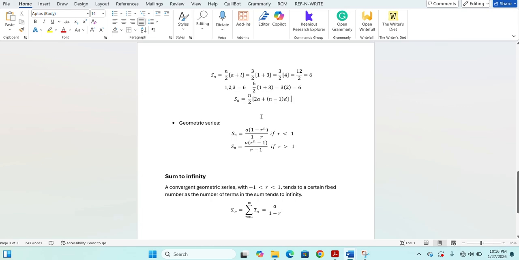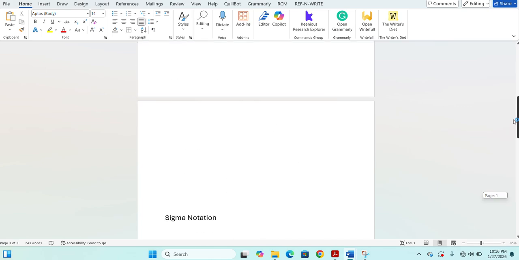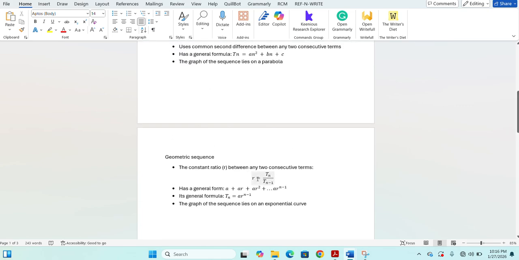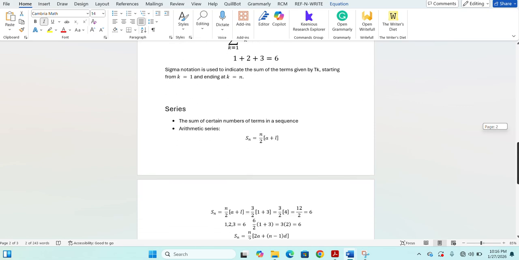So the last part we have is geometric series. So as you know, geometric series uses the ratio whereby r equals this, this is how we define r. So yeah, we know this is r.